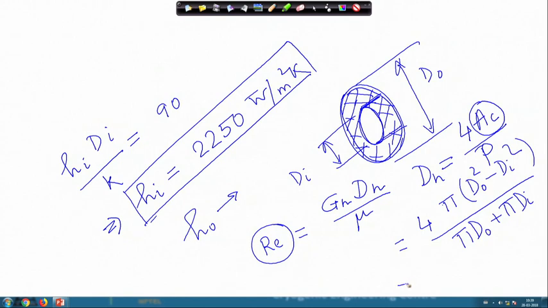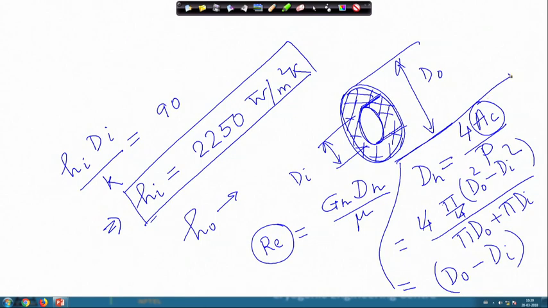The 4 cancels out, and pi is also cancelled. So, we finally have d0 minus di as the hydraulic diameter corresponding to this annular space.